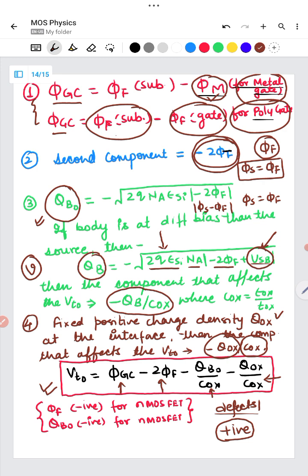But when you take this as a plus, this minus, this minus, this minus, whenever you are solving any numerical, you need to take all the quantities with the sign. For example, phi F is always negative for an n MOSFET. QB naught is also negative for an n MOSFET, because in p-type semiconductor the charges are acceptor ions, which are negative.